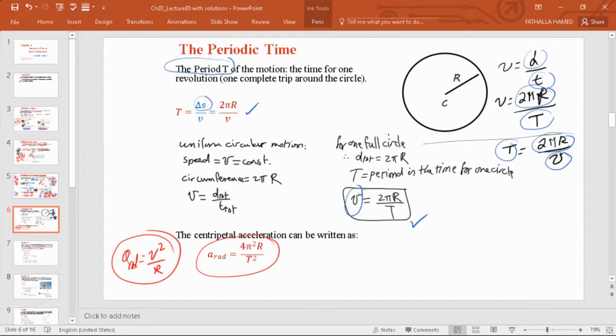So you can basically obtain your radial acceleration if you know the radius and either the speed or the period. And you can use either of these formulas to decide on your radial acceleration. Any questions so far?